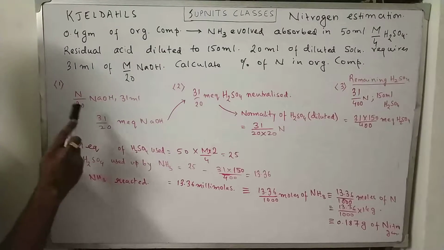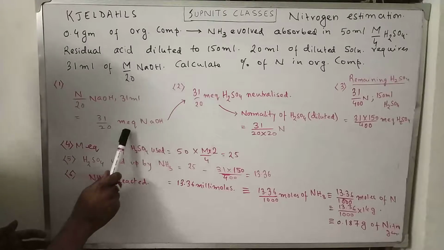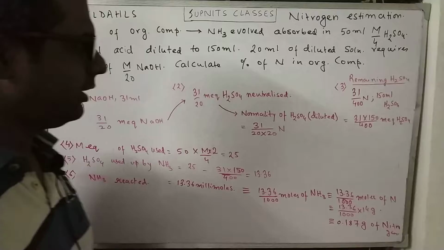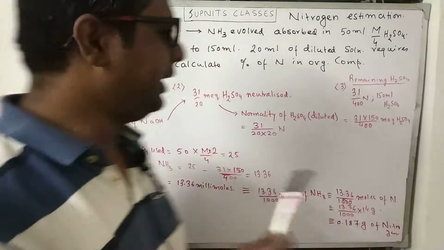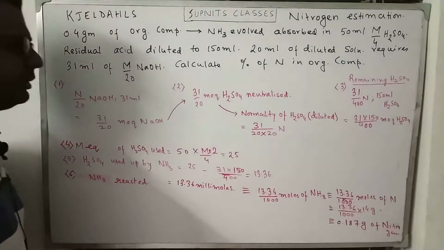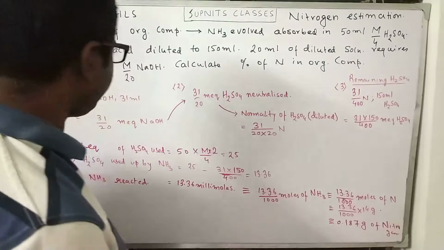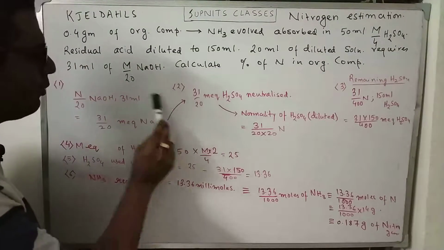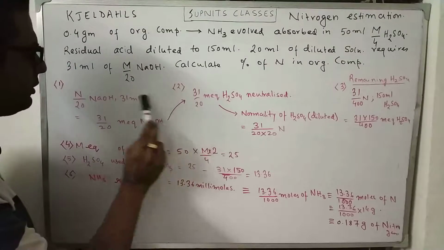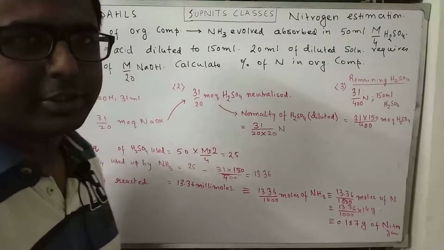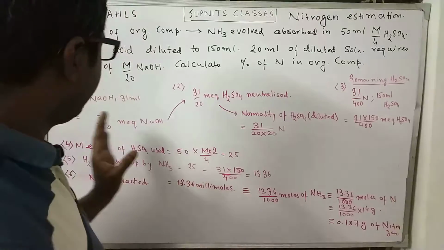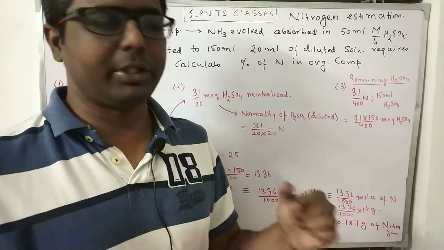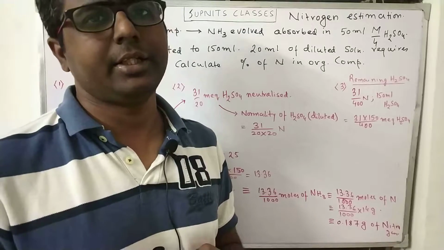Now from here I can find out the milli equivalent of NaOH by multiplying these two. Next, from this milli equivalent of NaOH, how much H2SO4 is required to neutralize it? Milli equivalents react in 1:1 always because reactions happen in equivalence.